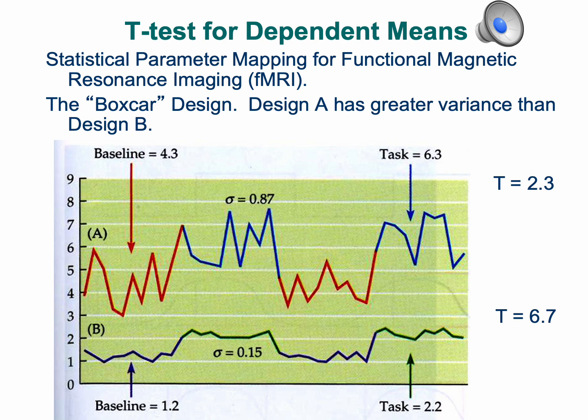Now this design, or this schematic, shows you two different circumstances. The one at the top there has a lot of variability, even though there's a lot of change there. The one below has much less variability, and it's much easier to see an effect. But that's what a boxcar design is. You have a period of inactivity, a period of activity, a period of inactivity, and so on, a number of times.